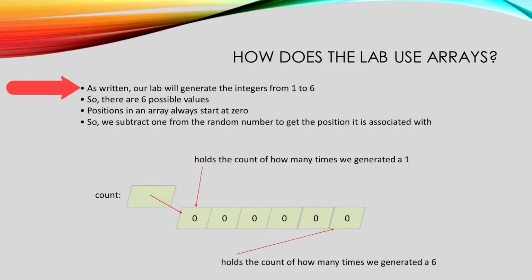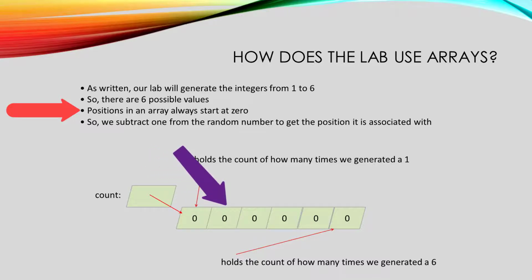When we start the lab, it's set up to generate integers from 1 to 6, like a normal dice. Since the dice has 6 sides, we are generating 6 possible random numbers, so our array needs to be able to hold 6 counts. In Java, all arrays start at position 0. That will hold the count of the minimum roll we can make, so the 0th position will hold the count of how many times we generated a 1.